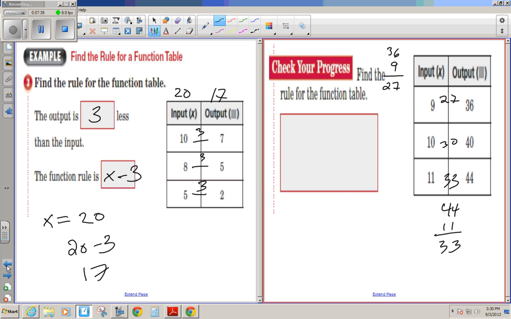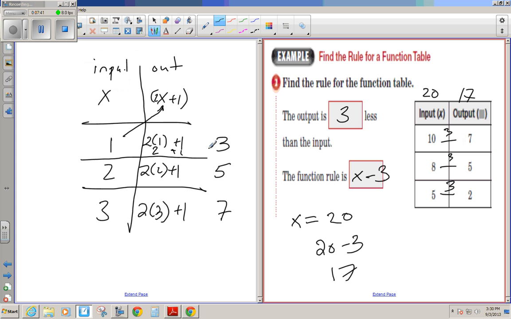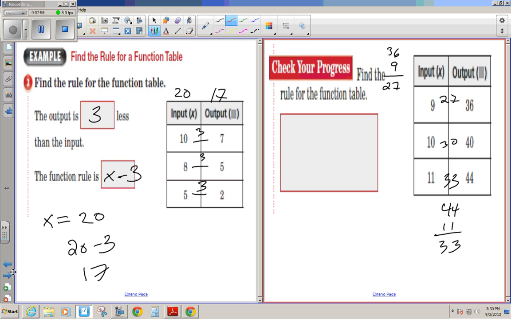So back here at this example, notice that it went up. The difference for this one was 2, and then 3, and then 4. So when the difference is the same, it's a piece of cake. It's just x minus that number. But now there's a little something extra here. So we have to come up with how to increase this.